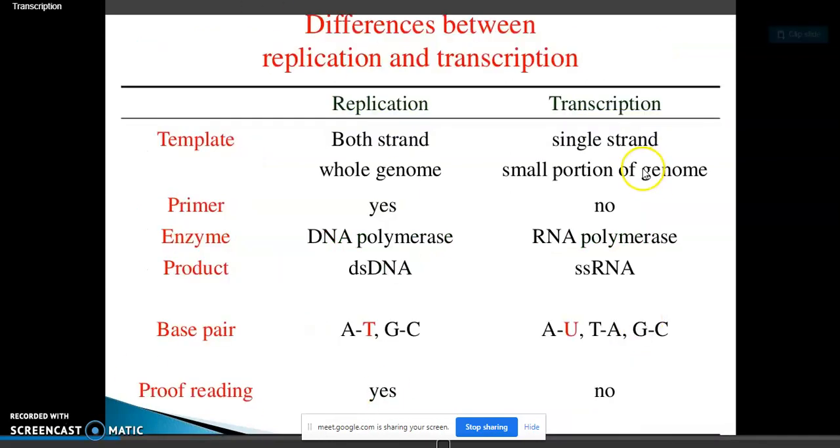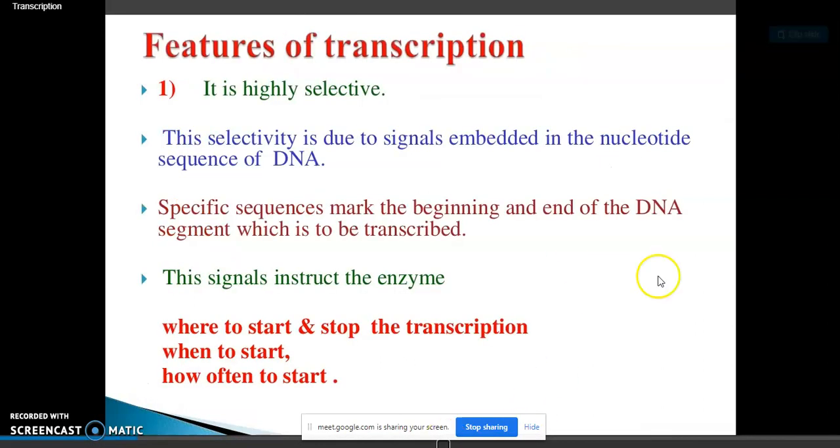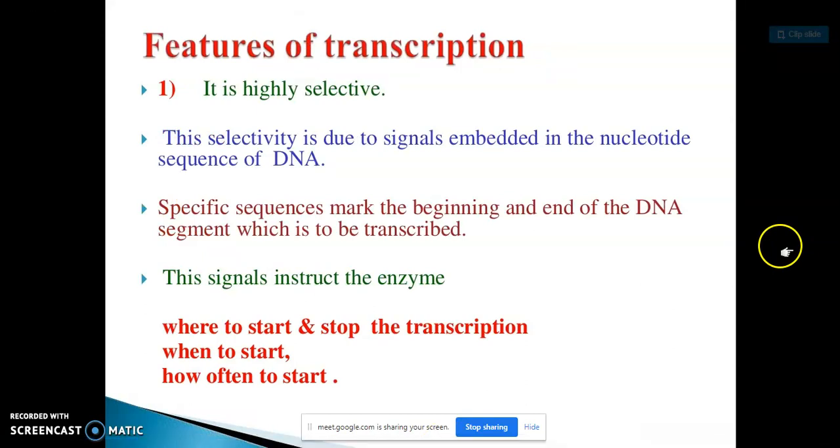Right. So here are the differences between replication and transcription. Maybe we will discuss this at the end of the class. So, features of transcription. It is highly selective. What do you mean by selective? In the case of replication, there is no selectivity that this part of DNA has to be copied first, or this part of DNA sequence should be copied immediately.